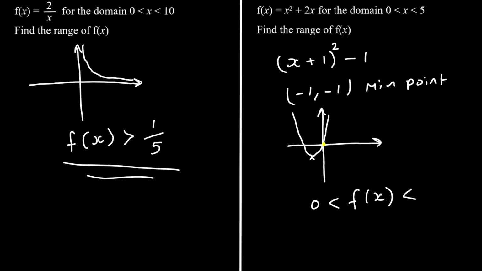So 5 squared, 25, plus 2 more 5s, 35. So f(x) can be between 0 and 35. So the range is what the y can be, the domain is what the x can be. If you put in something between 0 and 5, you can get an answer between 0 and 35.